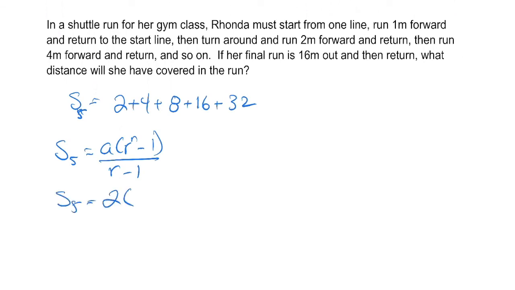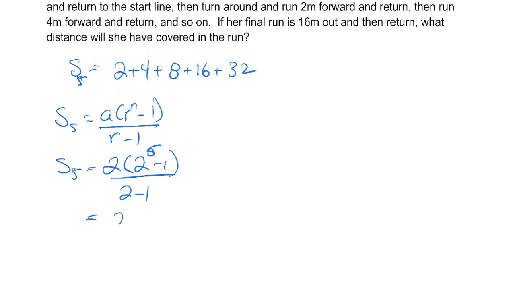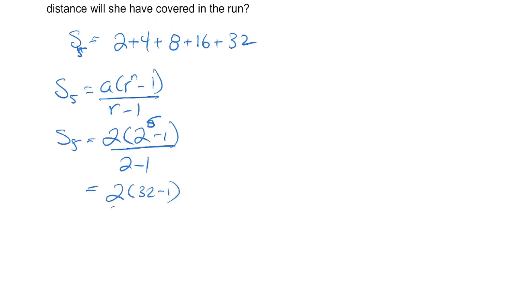Our common ratio here is 2. We want 5 terms, so 2 to the power of 5 minus 1, and r is 2, so 2 minus 1 on the bottom. So here we get 2 to the power of 5 is 32, minus 1. Well, 2 minus 1 is 1, so really this is 2 times 31, which is 62 meters.